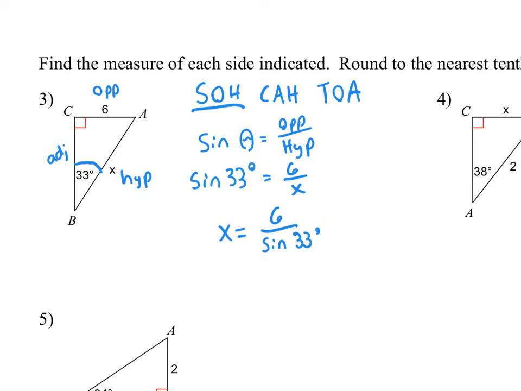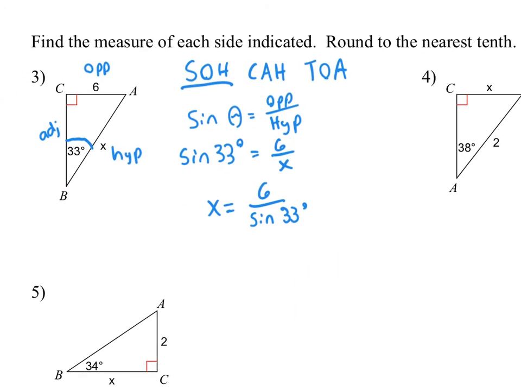Using the TI-36X Pro, I got 6 over the sine of 33. I'm in degrees. I hit enter. What does it say? Round to the nearest tenth. So I got 11.01. So I'm going to say x approximately 11.0. Putting the 0.0 in there just identifies that you did round it to the nearest tenth because you included that tenth in there.